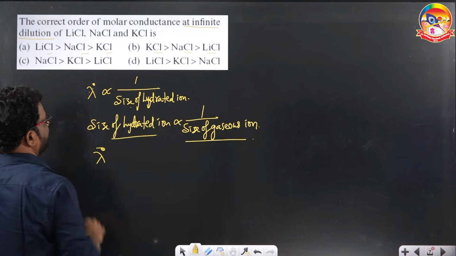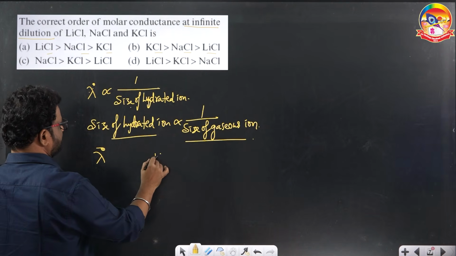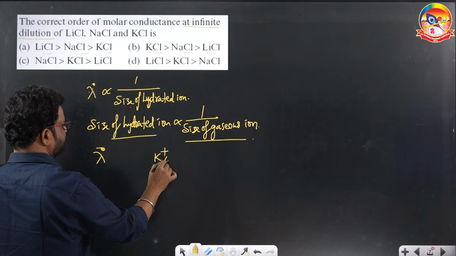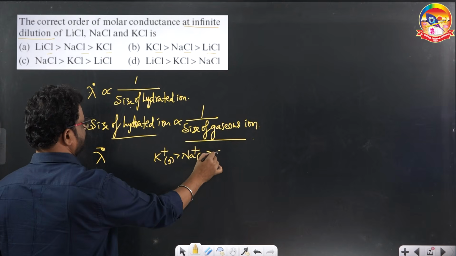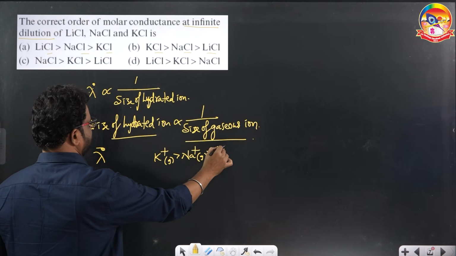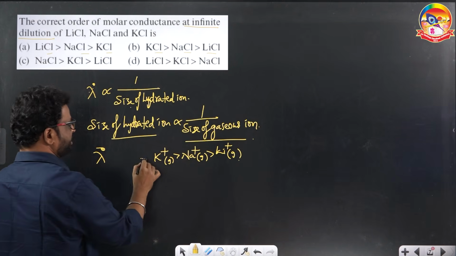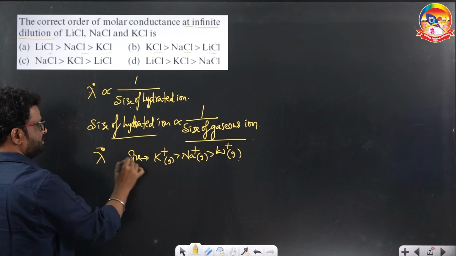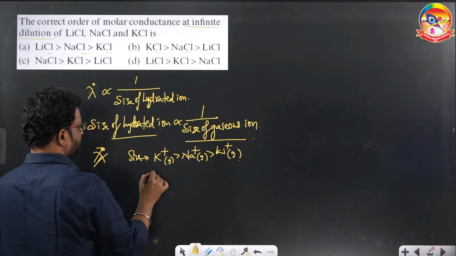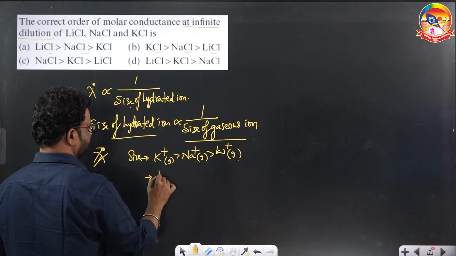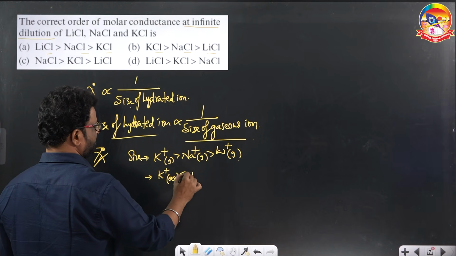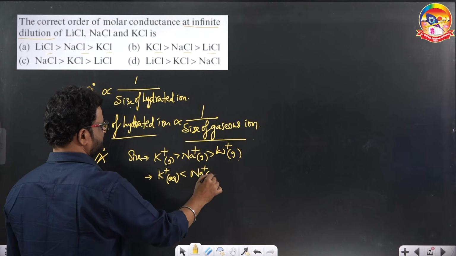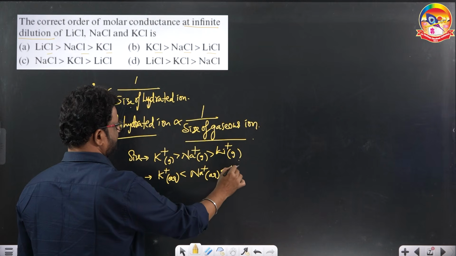The size of the cation will decide. Actually, the size of gaseous cations follows this order: K plus gas is greater than Na plus gas is greater than Li plus gas. This is the gaseous ion size. And if the hydrated ion size is taken, K plus aqueous is smaller than Na plus aqueous, which is smaller than Li plus aqueous.